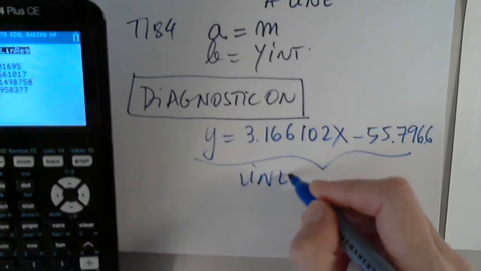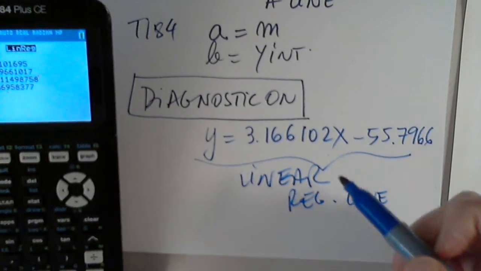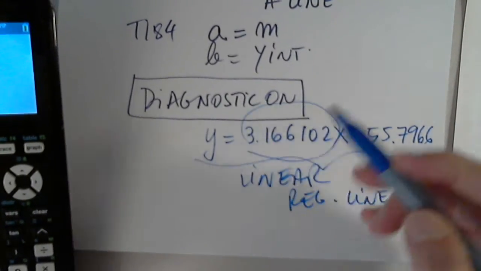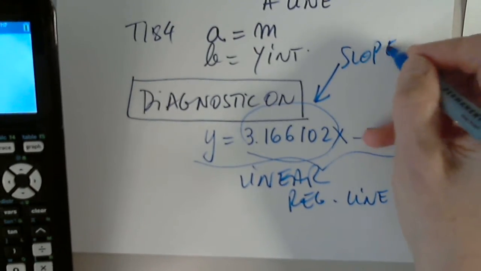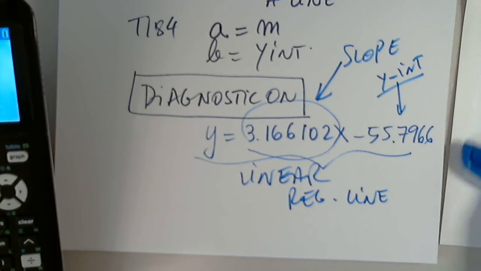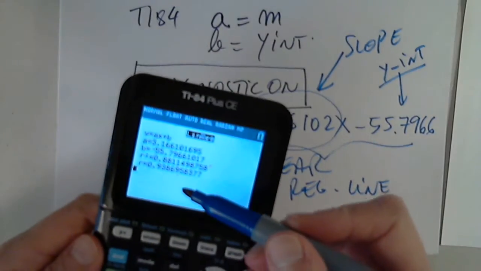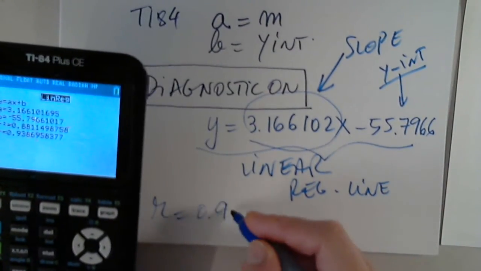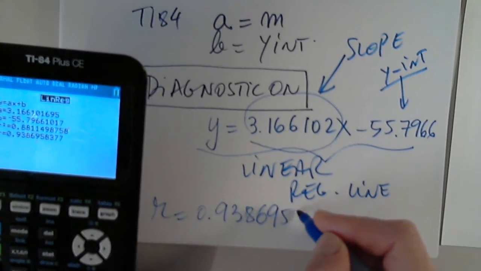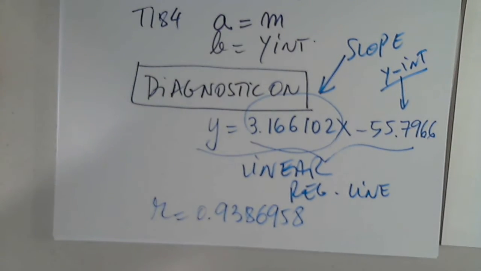This is the linear regression line with the slope and y-intercept. And look what else we obtained: 0.9386958. Any questions?